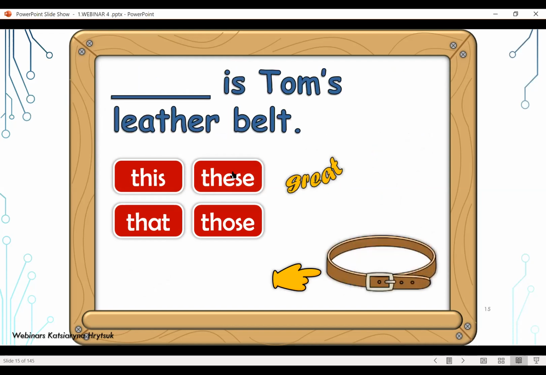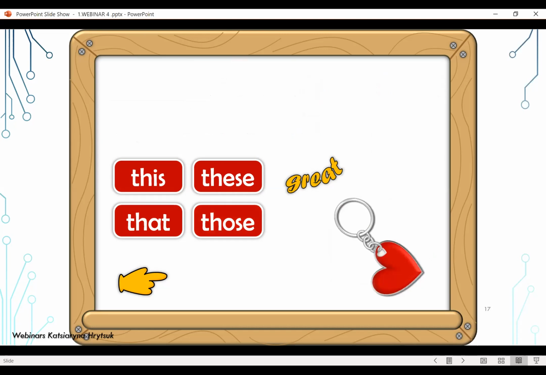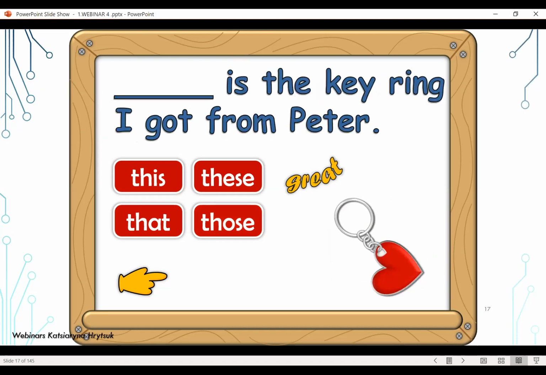Vika? This is Tom's leather belt. Yes, so it's leather. Leather belt. Emilia? Those are my sister's Spanish books. Easy. Okay, those are my sister's Spanish books. Next, Sophia.